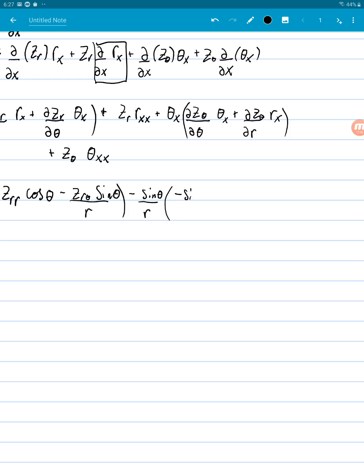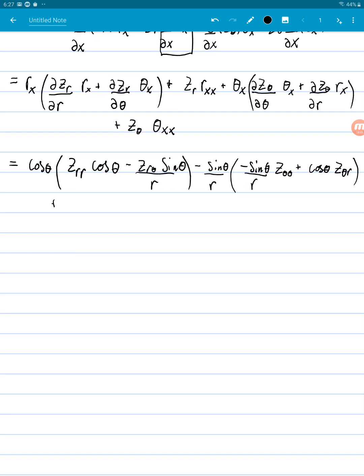So we're going to need to correct that again. So that's going to be negative sine theta over r, z sub theta theta, plus our rx was cos theta. We have plus cos theta, z theta r. And lastly, we have plus zr.